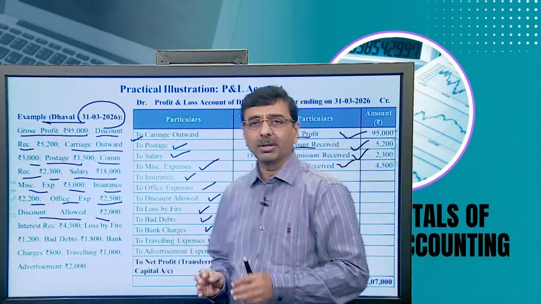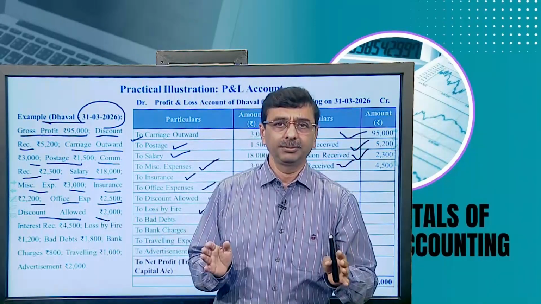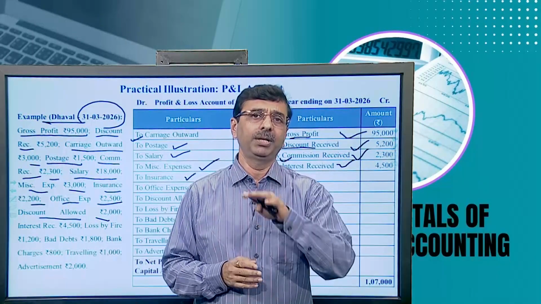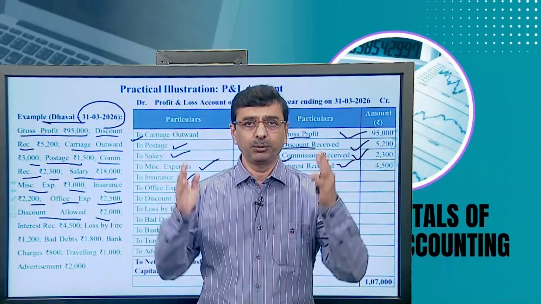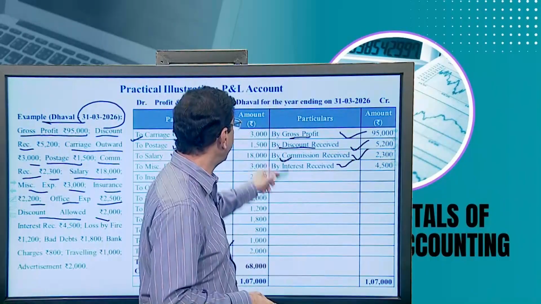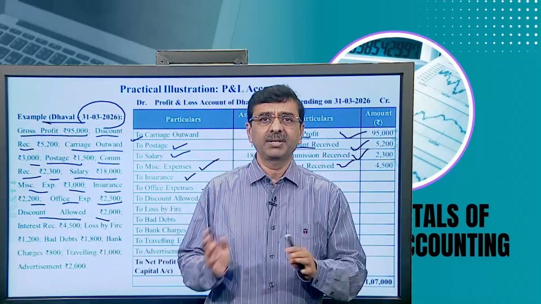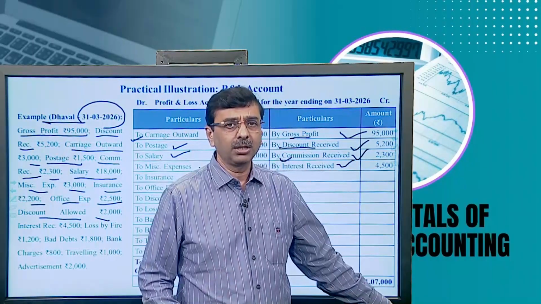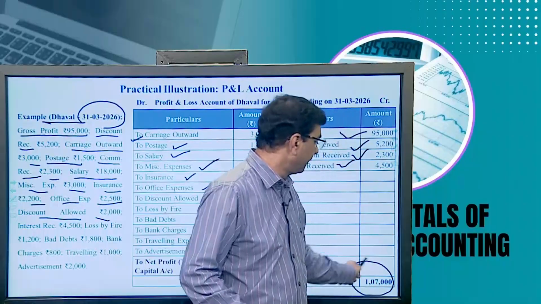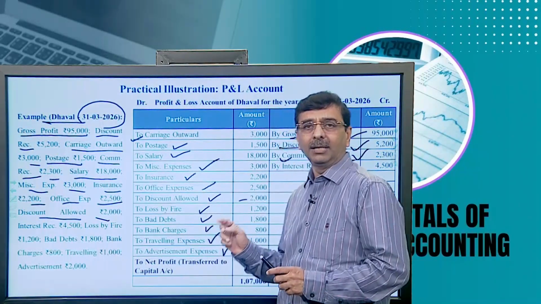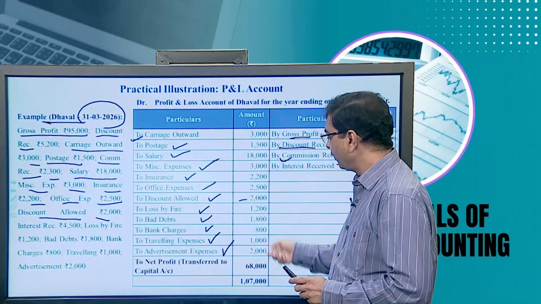All transactions were already recorded in the profit and loss account. So, now all this information was recorded in the P&L account. We need to close the P&L account. We have to make a total of the profit and loss account credit side and debit side, and just identify which side is higher. Here the total of the credit is 1,07,000 and the total of the debit must be lower than that, so we just need to find the difference.